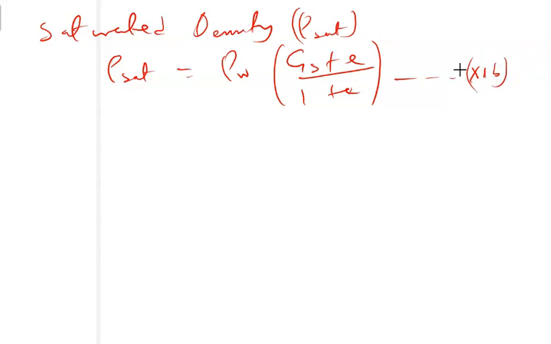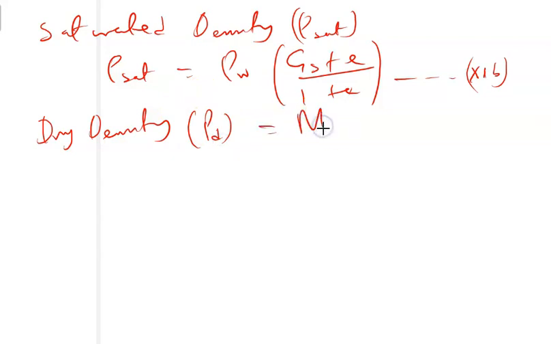The next thing we look at is dry density, which is rho D. This will be equal to mass of solids over total volume.